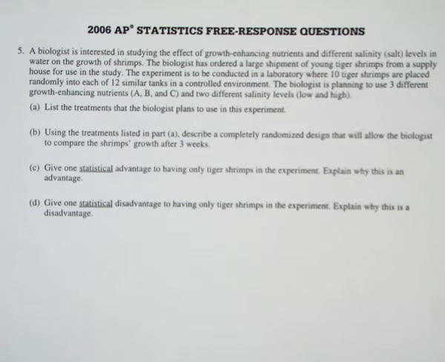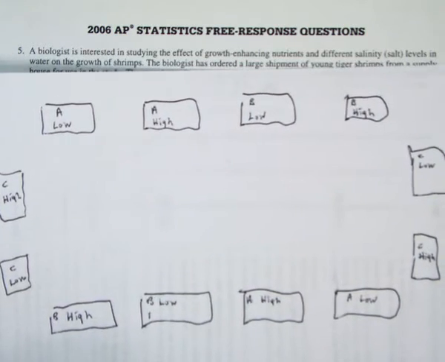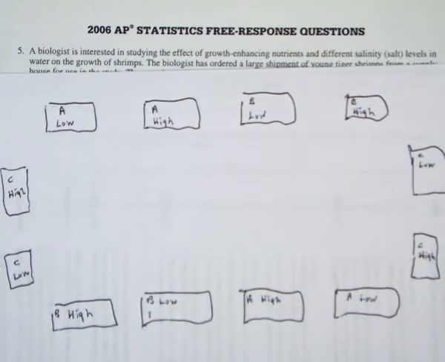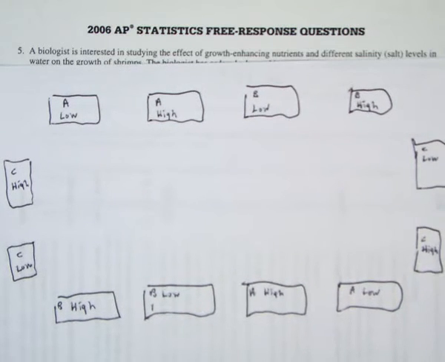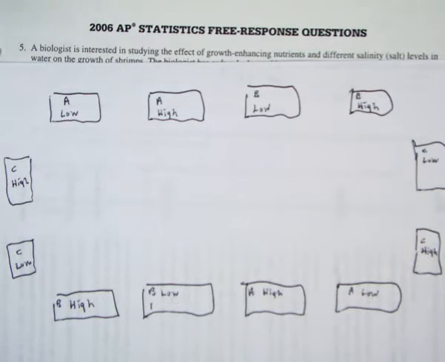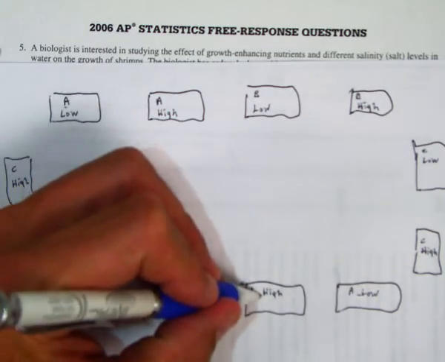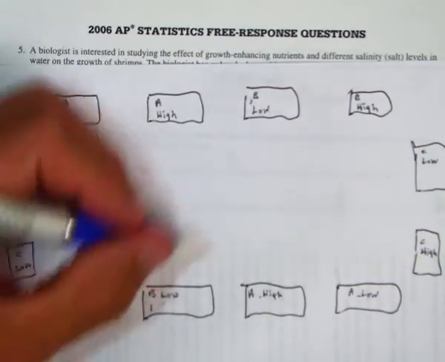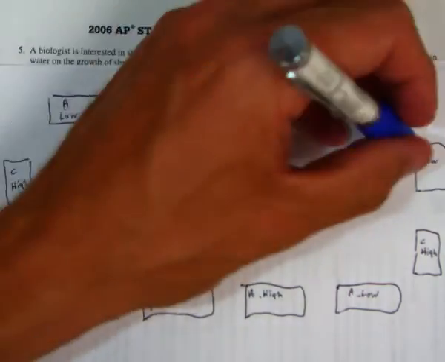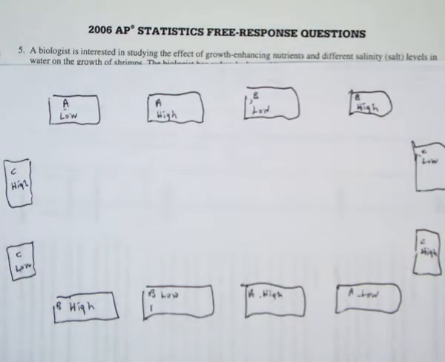So, what we could do is we have our 12 tanks going around the room. Okay, so there's obviously 2 of each different type of treatment. So there's A is low and A is low, A is high, A is high, B is low, B is low, B is high, B is high, C is low, C is low, C is high, and C is high.